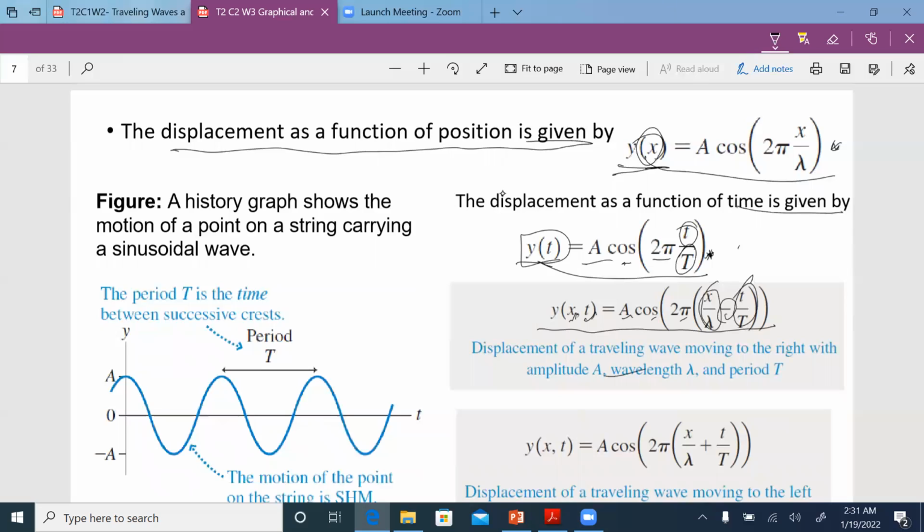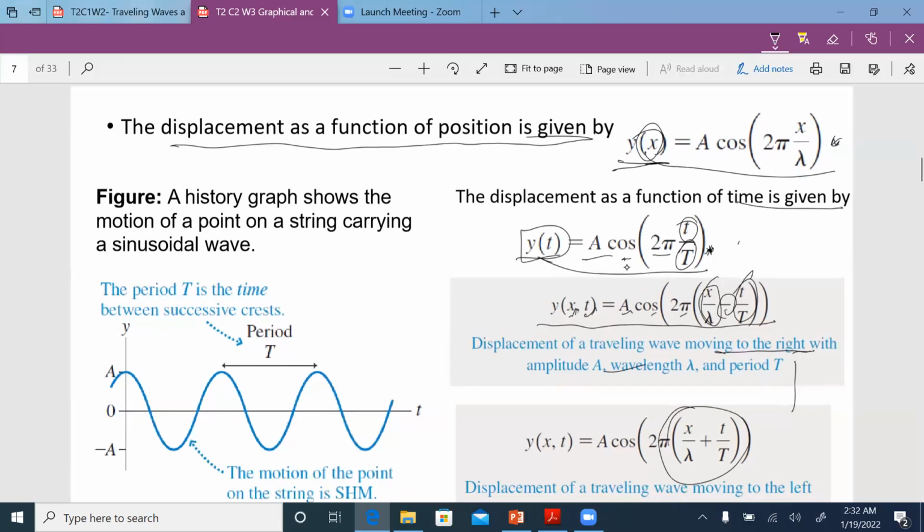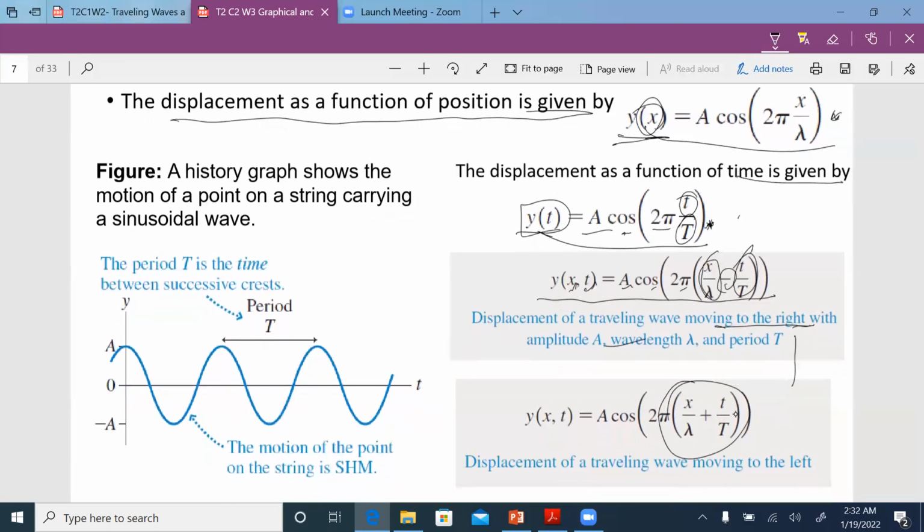There's a minus in the sign for a traveling wave when it is moving to the right. Normally the right is the positive direction, but for waves, it's not so. When it's moving to the right, it's negative, and when it is moving to the left, it's positive. That is why we have positive here and negative here.